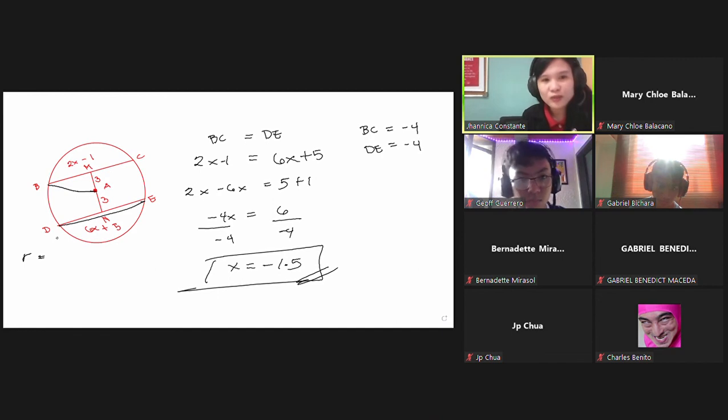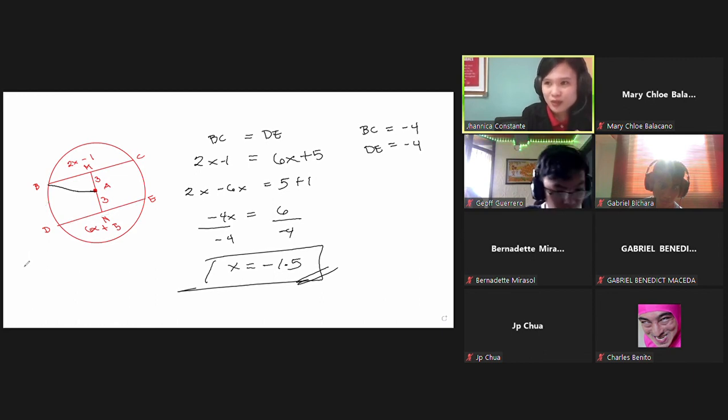Okay, let's solve for our radius. So radius AB is equal to the square root of the sum of the line segment AM squared plus line segment MB squared.